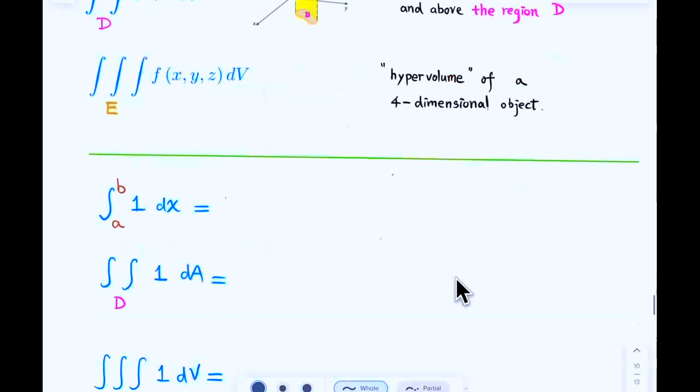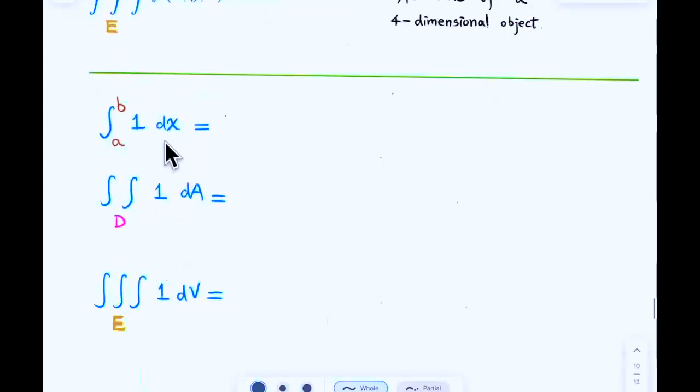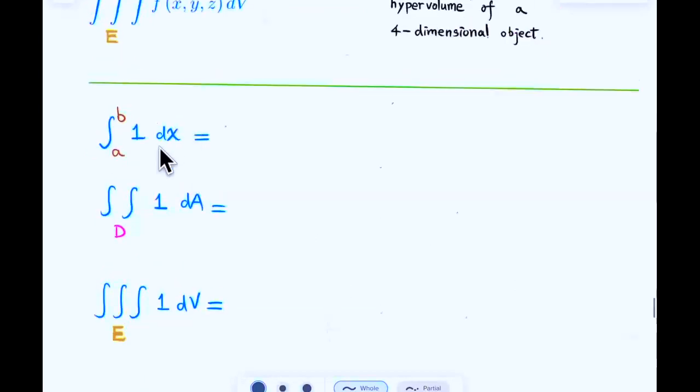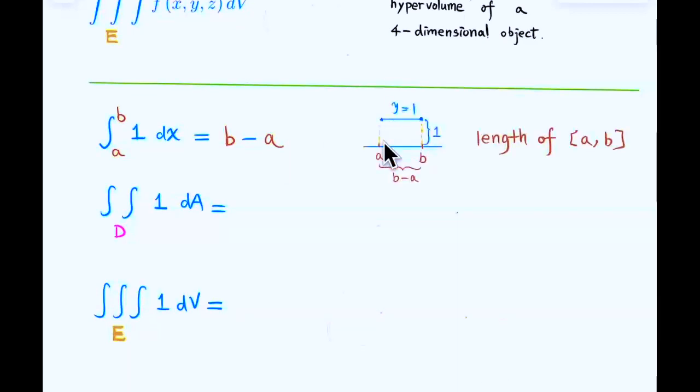Now let's try to think about this simple case here. If it's the integral of 1 from a to b, then what do you get? You get b minus a, right? And what does it represent? It represents the length of this interval, a to b.